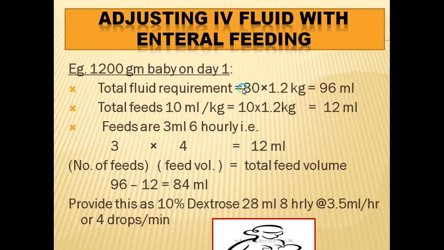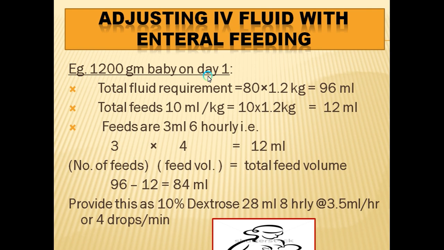We studied that there is a specific requirement of fluid per kg of body weight per day, depending on the weight of the baby, and on the 7th day it is 150 ml for both babies. Now we are studying how to adjust the IV fluid with enteral feeding.